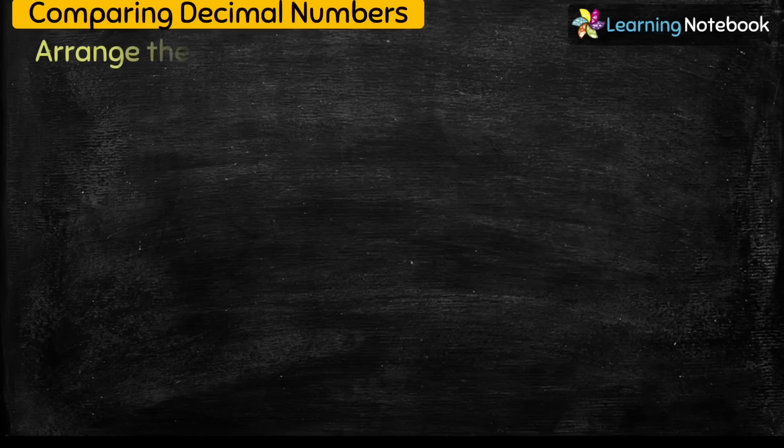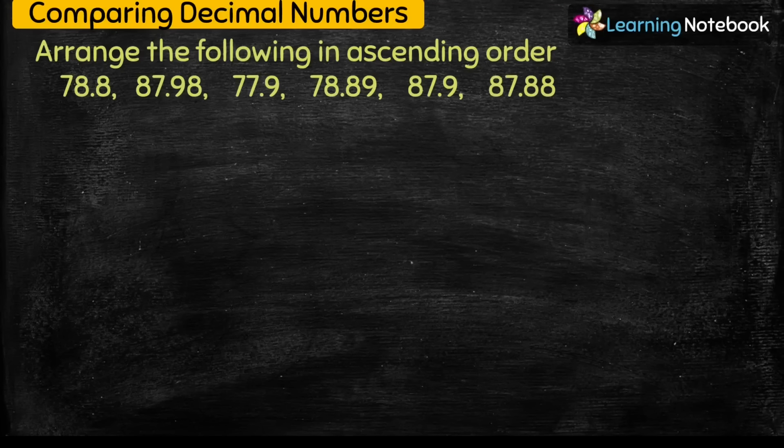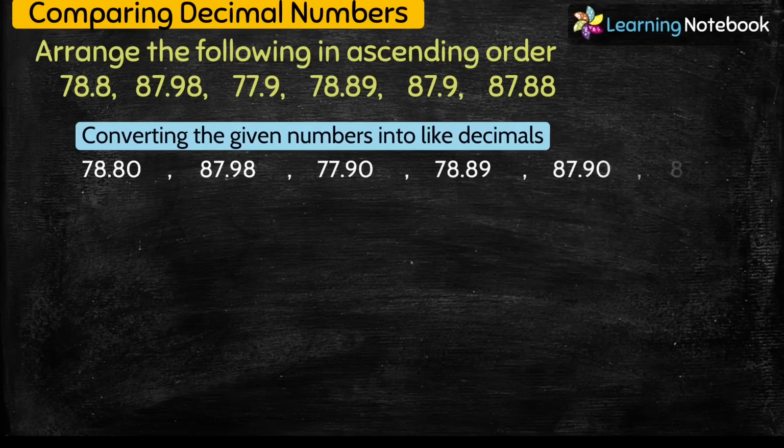Now let's see the next question. Arrange the following in ascending order. Students, we have to arrange the given decimal numbers in ascending order. So first, let's convert all of them into like decimals of two decimal places. In the next step, we will compare their whole number part.